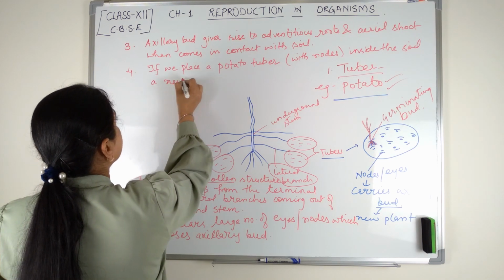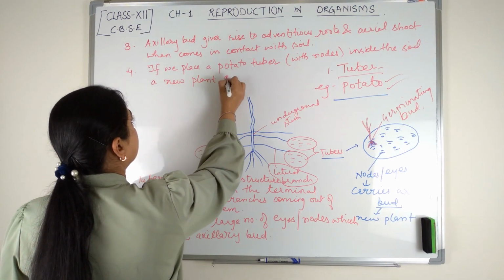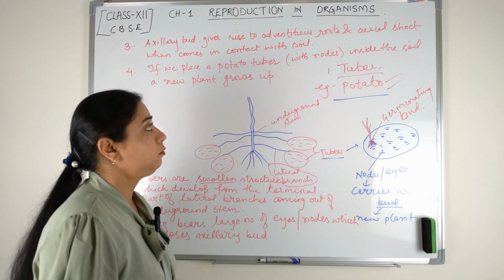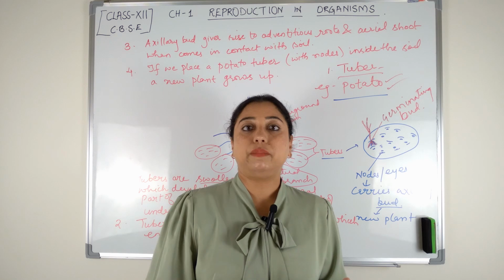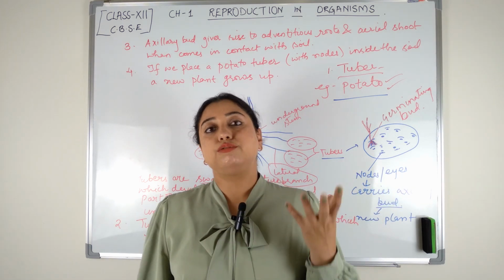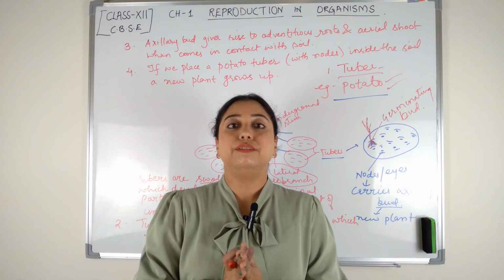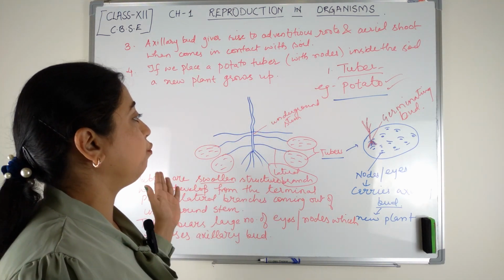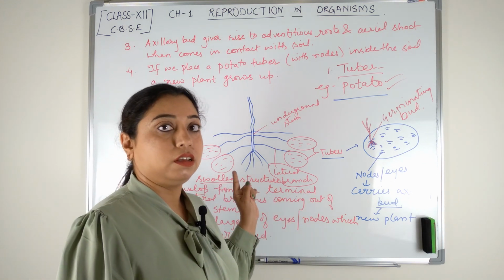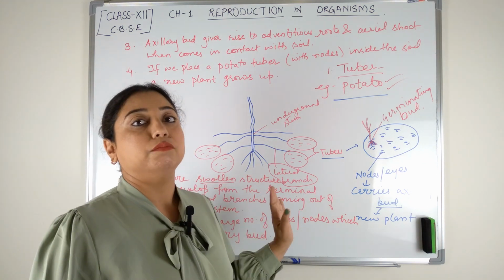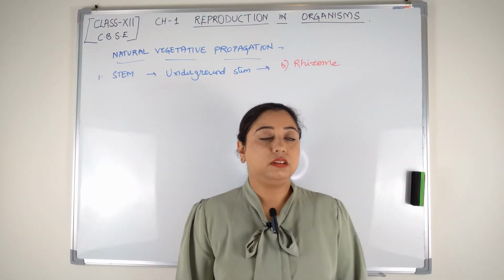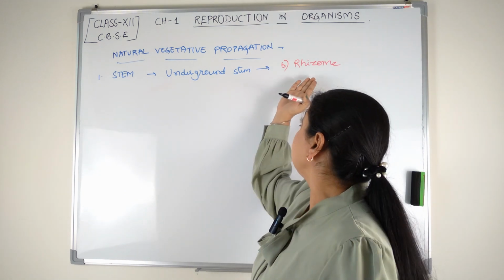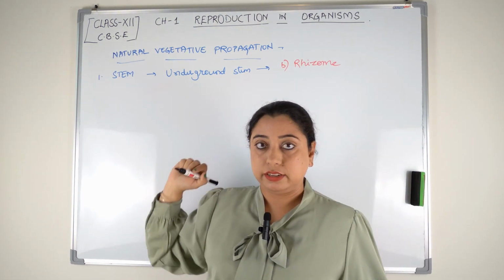A new plant grows up. Why? Because there is an axillary bud inside the potato tuber which is capable of giving rise to the new plant, right? So these are the features of the potato tuber, the first example of underground stem. Clear? So students, let's discuss the second vegetative propagule, that is the rhizome of underground stem.